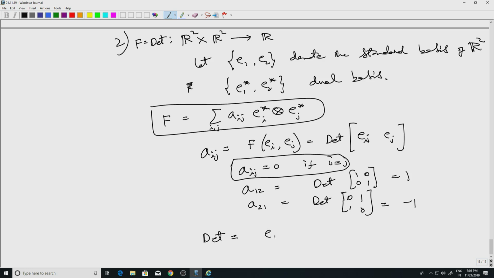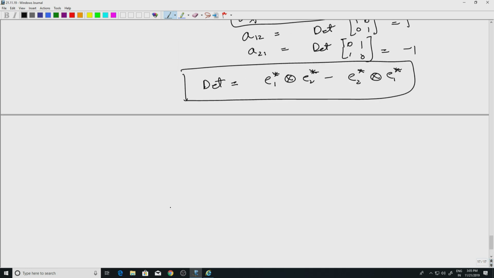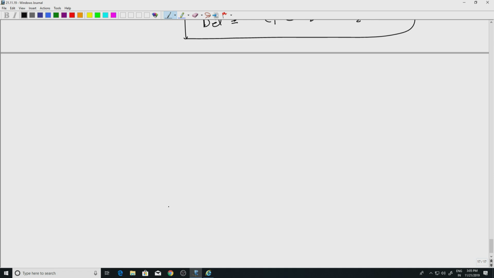So it's E1 star tensor E2 star minus E2 star tensor E1 star. So we can write the determinant like this. In fact, we are going to come back to this again when I talk about alternating tensors or multilinear forms.